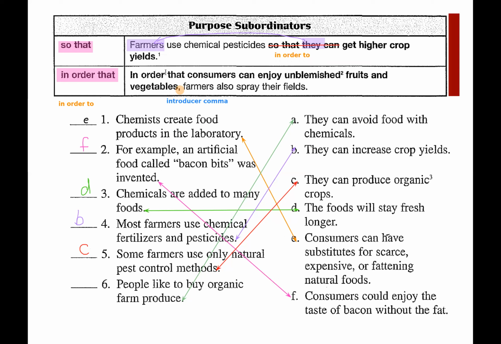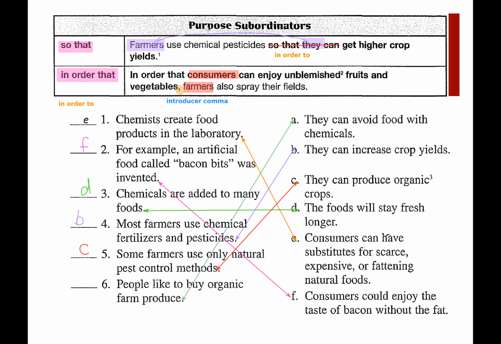But when we compare it to the second example, we can see that the subject for the first clause is consumers, whereas for the second clause it is farmers. In this case, you cannot use "in order to." You have to use "so that" or "in order that," followed by subject and verb.